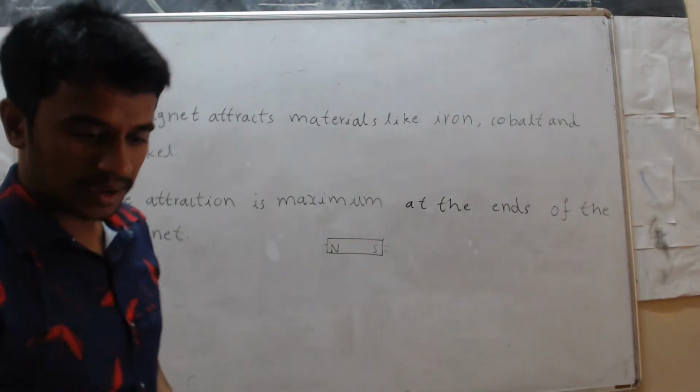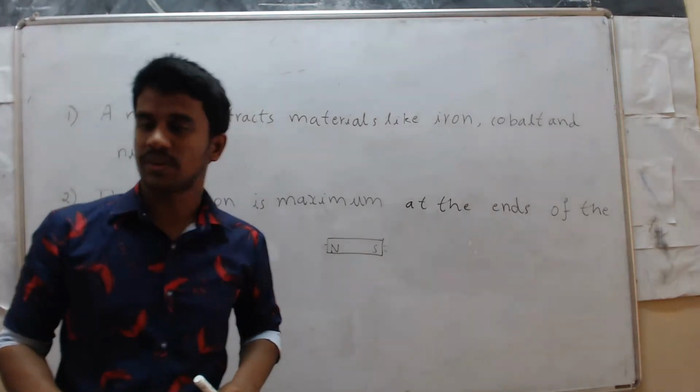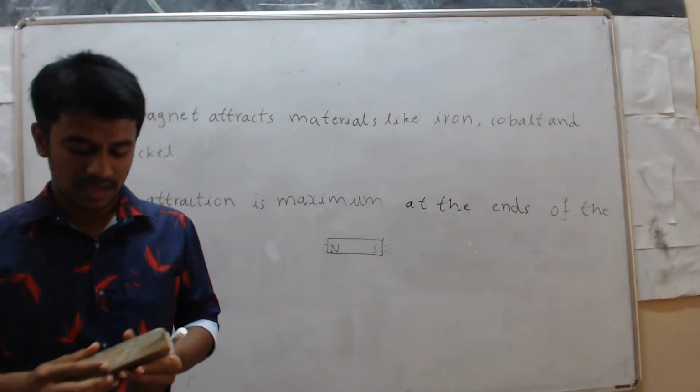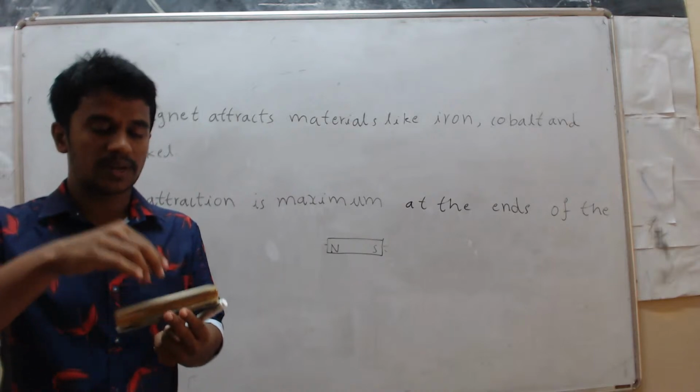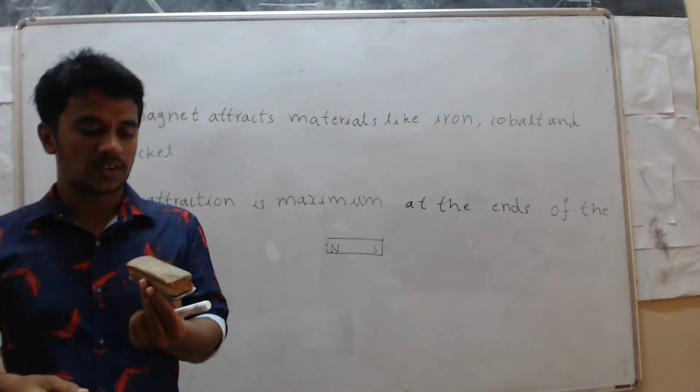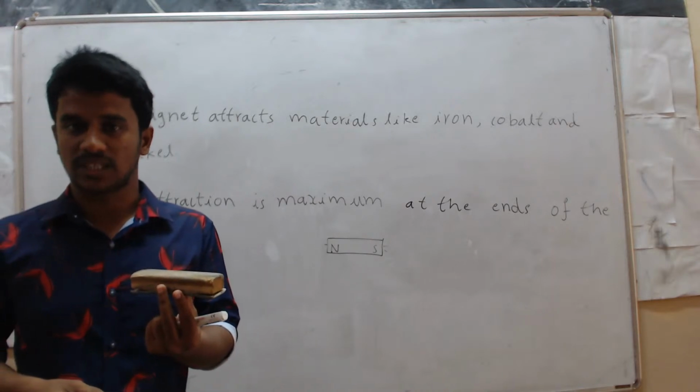For example, take one thread. Imagine this is a bar magnet. Tie it and suspend it freely. What will happen? It will stand in the north-south direction.